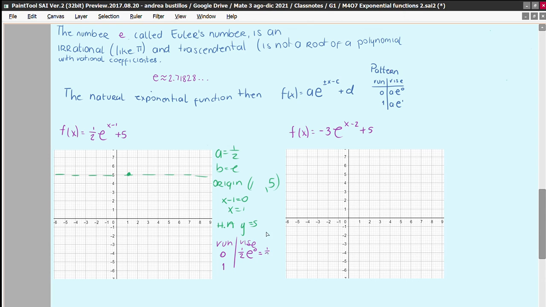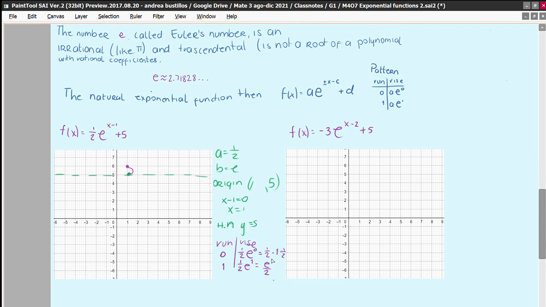So this is 1/2 times 1, so this is 1/2. So if I run nothing, I'm going to rise 1/2. And if I run 1, I'm going to rise 1/2 times e to the power of 1, and this is just e over 2.